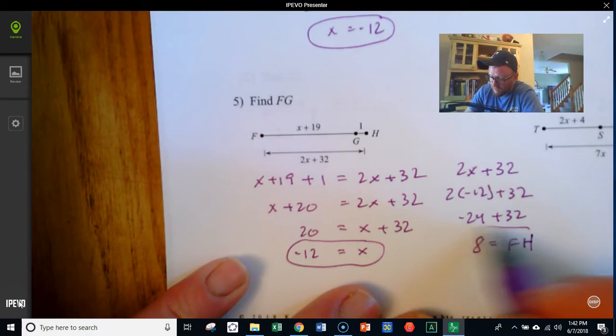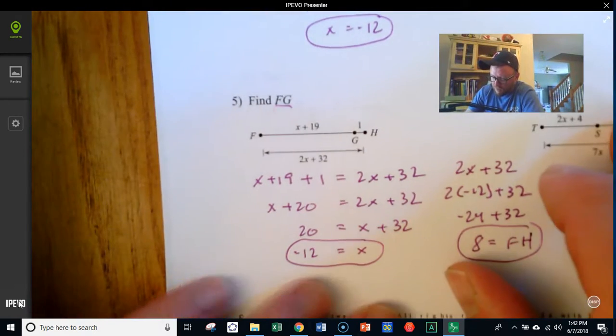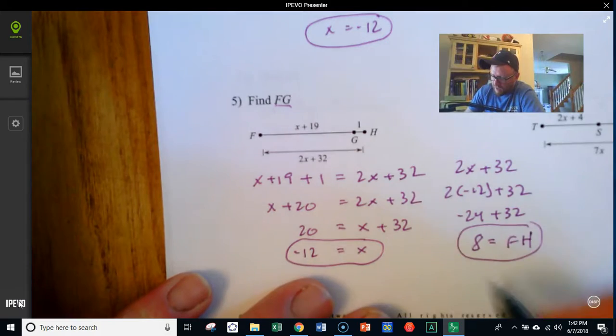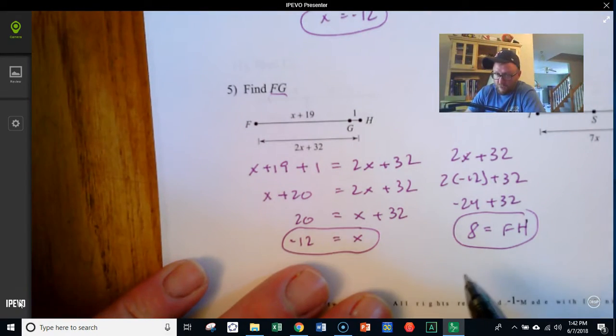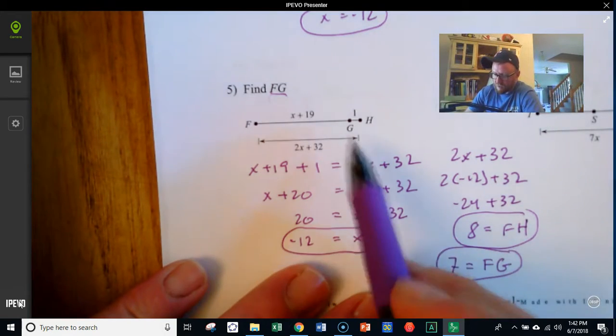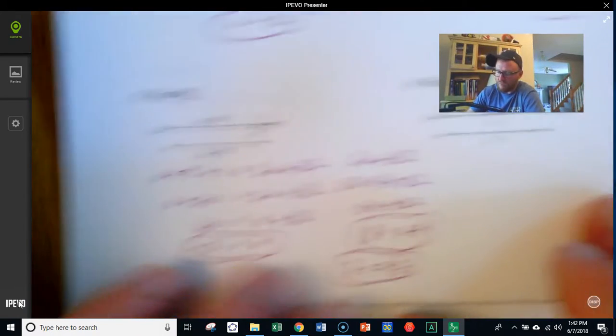Oops, not what I wanted to find. I wanted to find FG. Well, no big deal. If that's x plus 19, negative 12 plus 19 is 7 equals FG. Plus, notice 7 plus 1, 8 pans out.